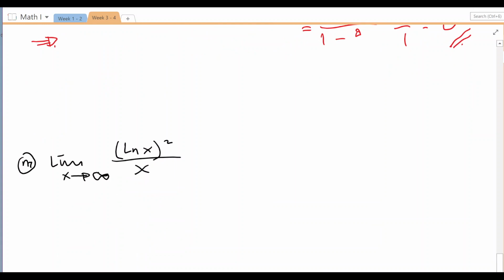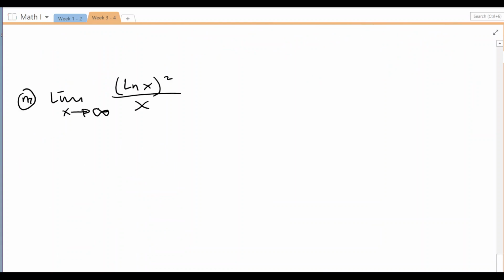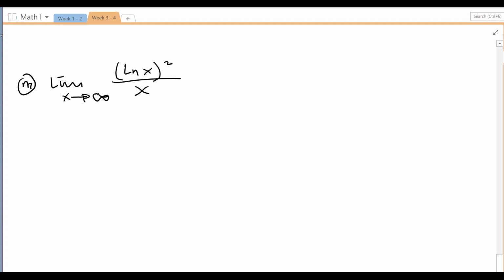Next, what's the limit of ln x squared over x? Again, if we do direct substitution, we get ln infinity, which is infinity over infinity, so this is improper. We have to take the derivative.